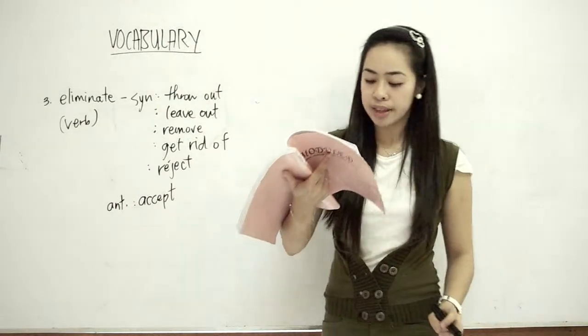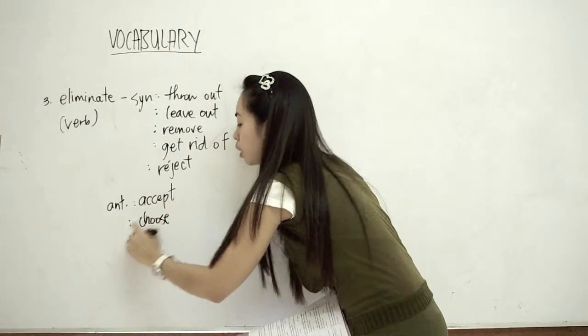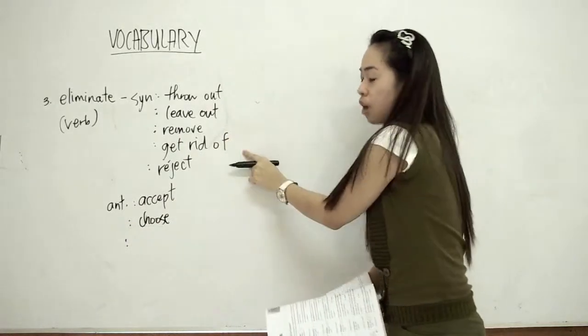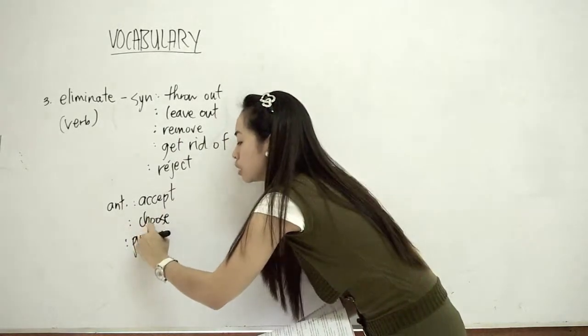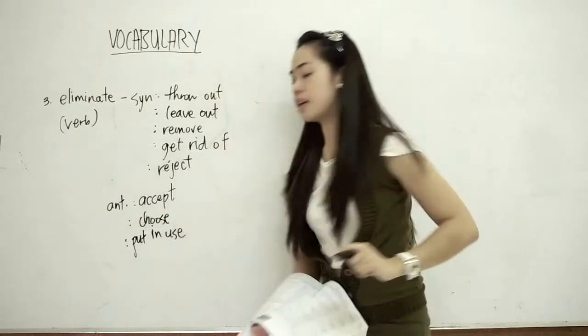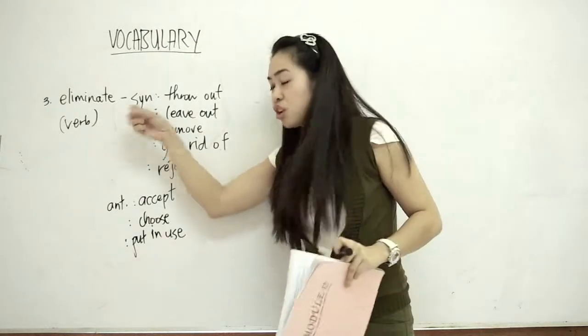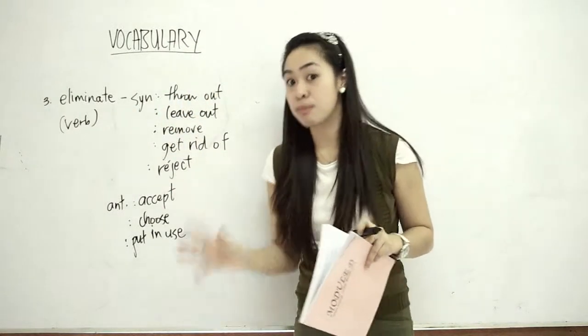You accept. Next, choose. Or from the word get rid of, put in use. Meaning is you're going to use something. Because when we say eliminate, you're trying to throw something away from you.